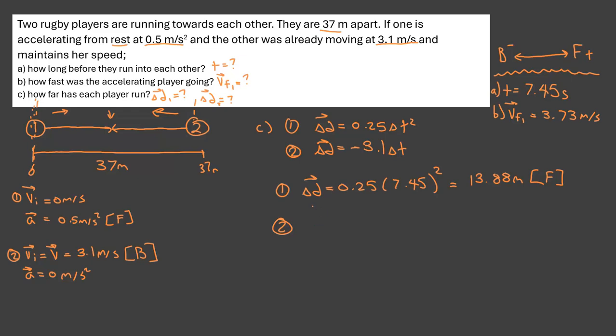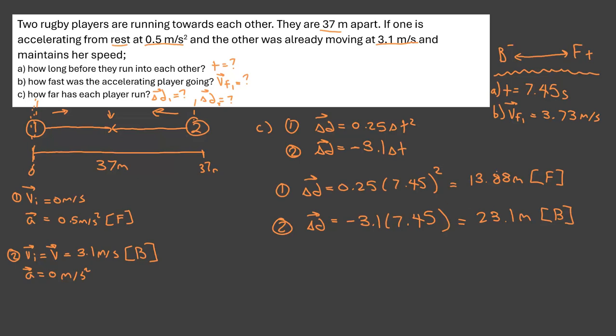So for that reason, I'm not putting in the 37 that I had from part A. So I'm going to have negative 3.1 times my time, 7.45 seconds, and that'll give me a displacement of about 23.1 meters. This will give me a negative value, so I'll write the vector in right away and say that it's going to be in the backwards direction.